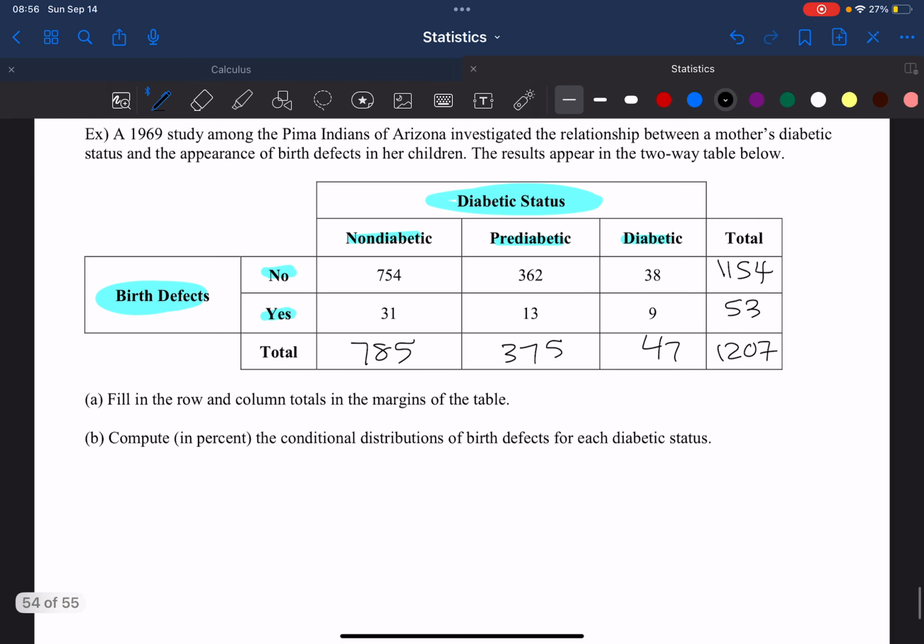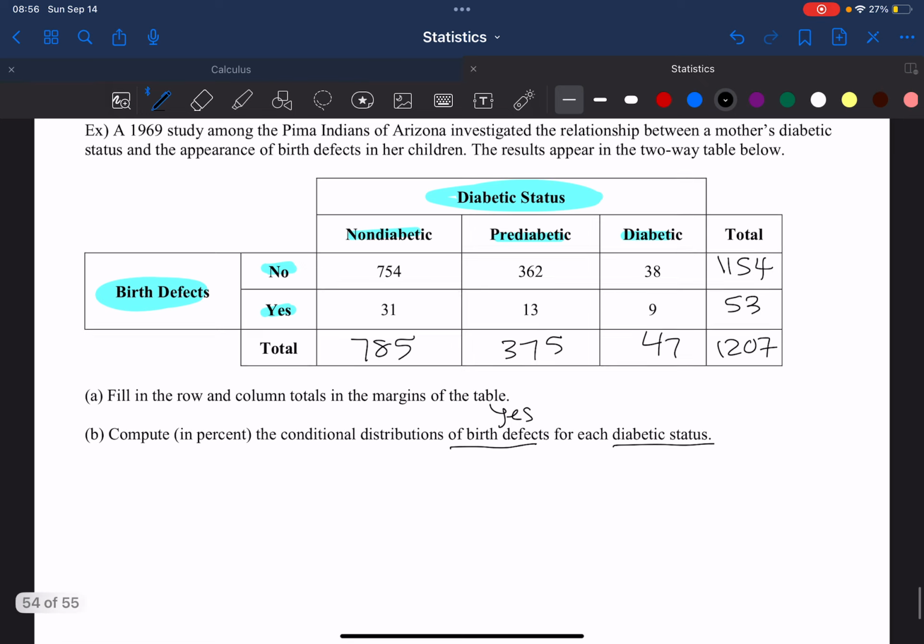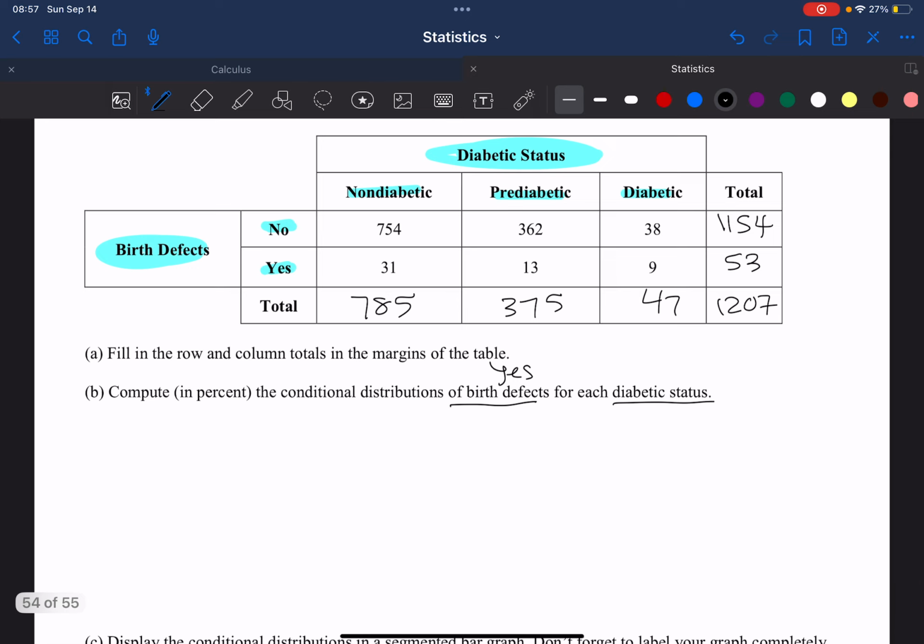Then it says compute the conditional distributions of birth defects for each diabetic status. So that's the one saying yes, they had birth defects, and then we're picking each of the diabetic status. So we're going to have three different answers here. So we have birth defects given non-diabetic, ND.